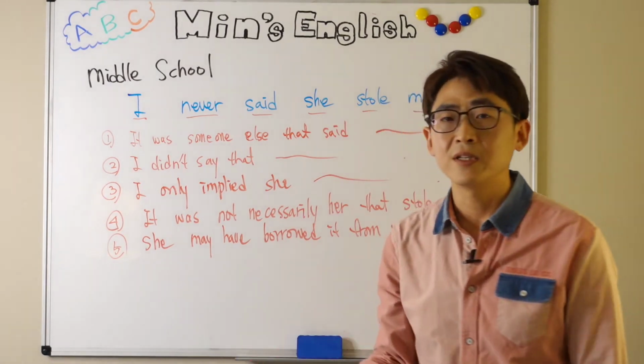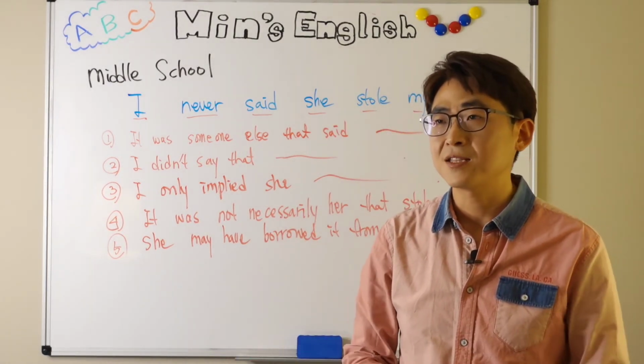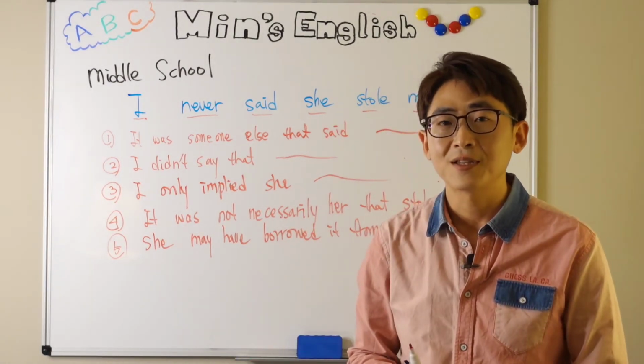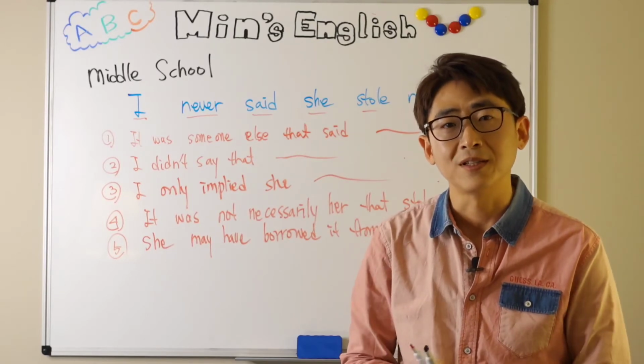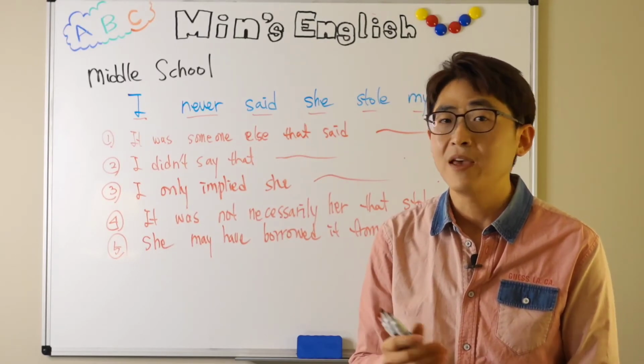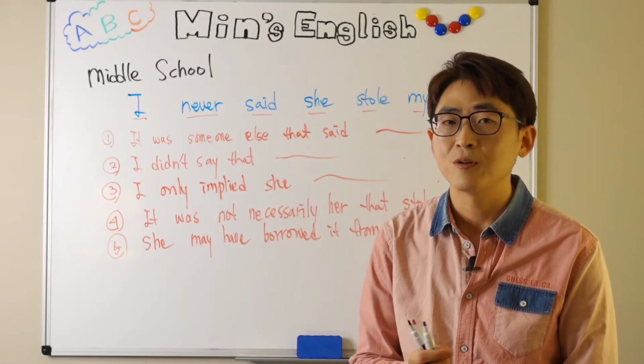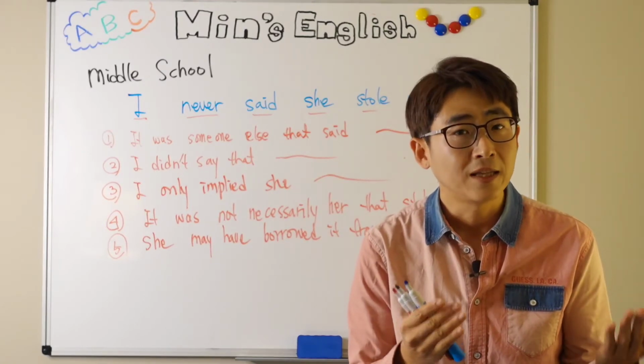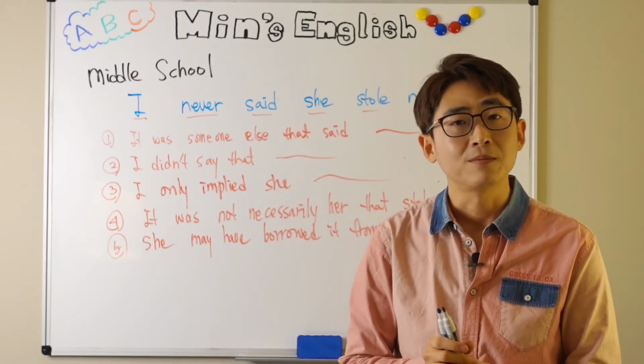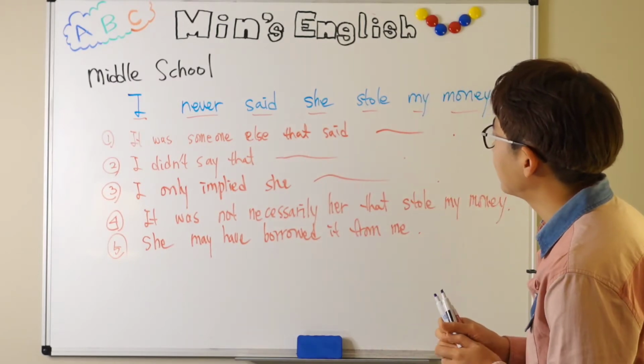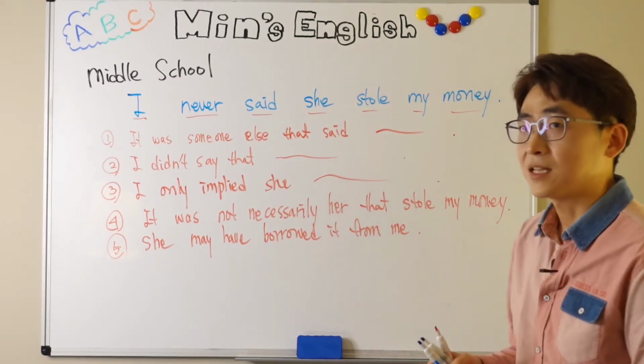So she has the money from me. So she has my money, but I never said she stole my money. She may have borrowed it from me, or she may have taken it from me without my permission, but she never stole it from me. That's not what I said.